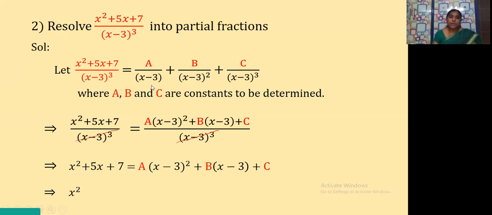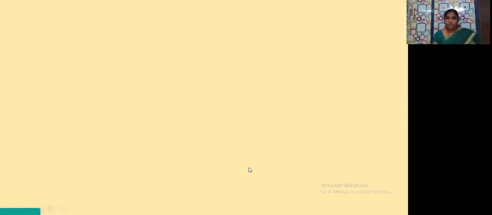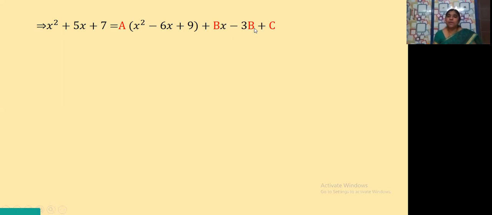So x square plus 5x plus 7 is equal to a into, I'm expanding here, children, x square minus 6x plus 9, plus b into (x minus 3) is nothing but bx minus 3b, plus c.